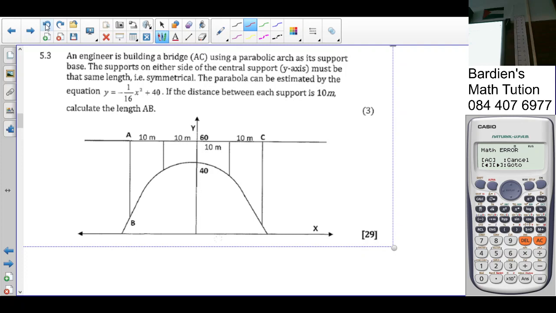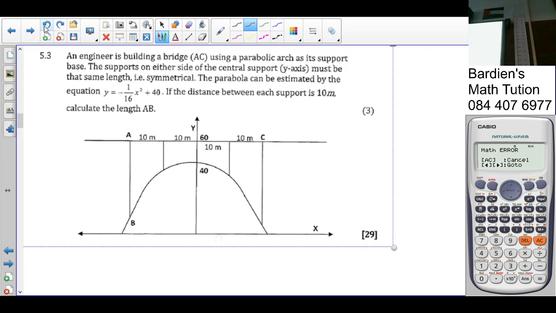Okay, so this conforms to the equation of a parabola, a quadratic function. The supports on either side of the central support, we're going to make the central support the y-axis, must be the same length, i.e. symmetrical.